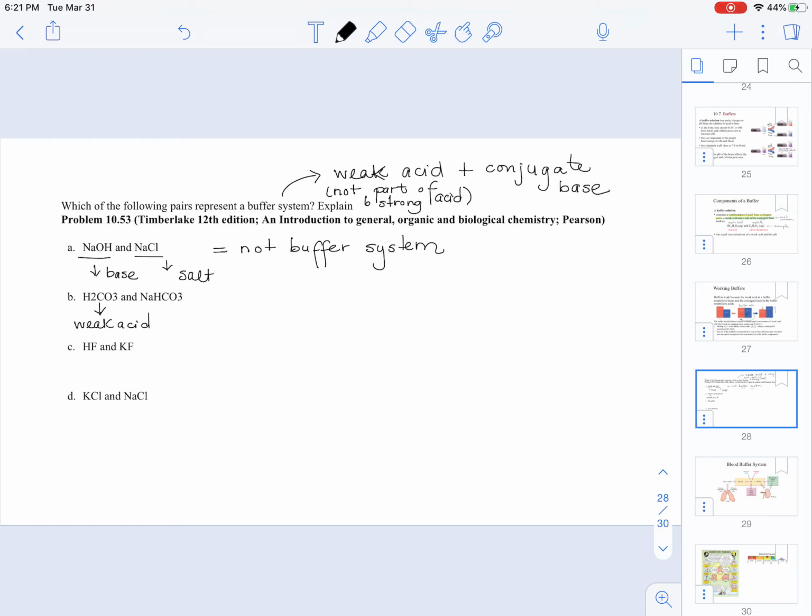If we remove a hydrogen from H2CO3, its conjugate base is HCO3 negative, which when we pair it with sodium is the compound we observe here. So it is the salt of its conjugate base. Because this is the conjugate base, B is a buffer system.